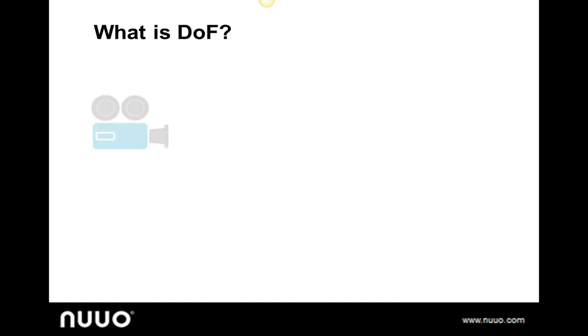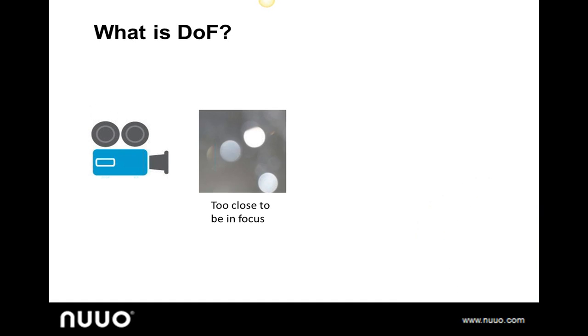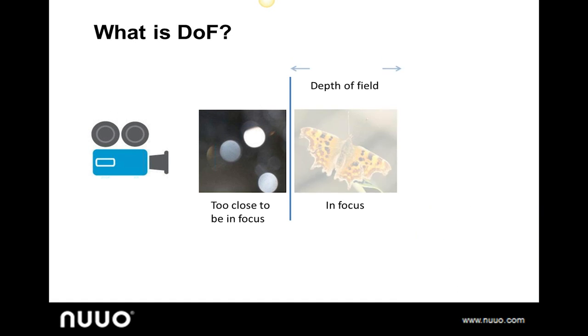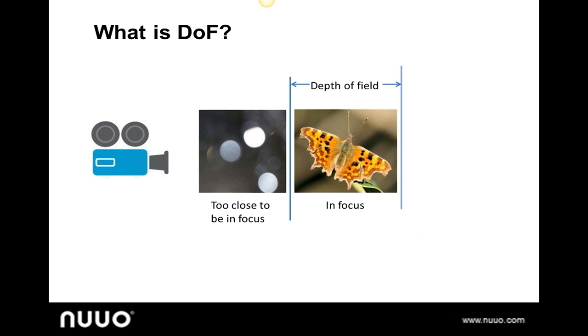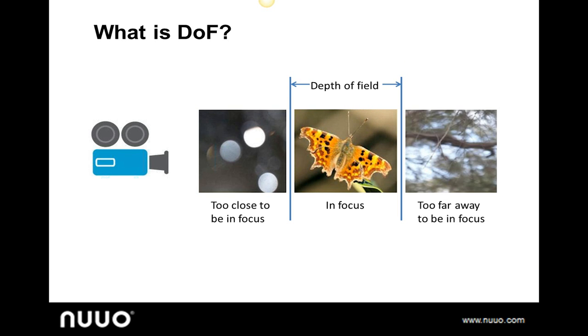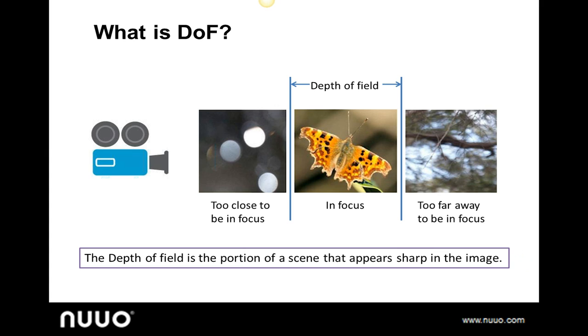Depth of field. What is depth of field? Basically, in order to understand how to set a proper scene composition, it is very important to understand the concept of depth of field. When focusing a lens on an object, there is a certain distance range in front of and behind the focused object that also comes into focus.